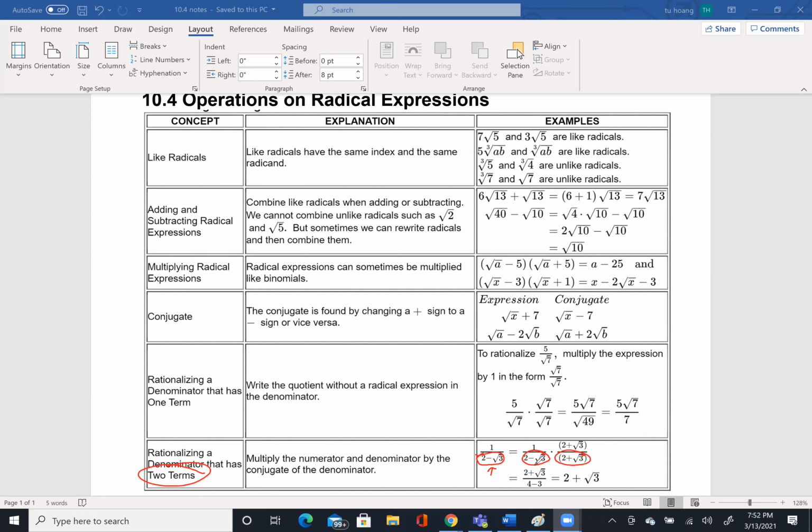It's going to help you square the square root of 3, and that becomes 3. And the top just multiplies by this, but it doesn't matter with a radical on the top. So now you have the answer 2 plus square root of 3. Okay, so this is some important material from section 10.4, but let's go ahead and have some examples.